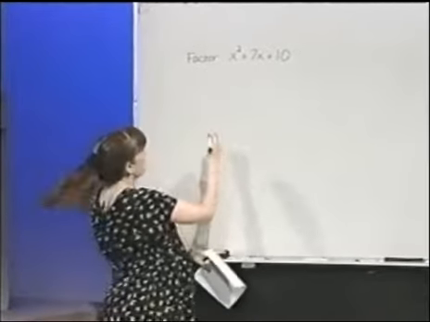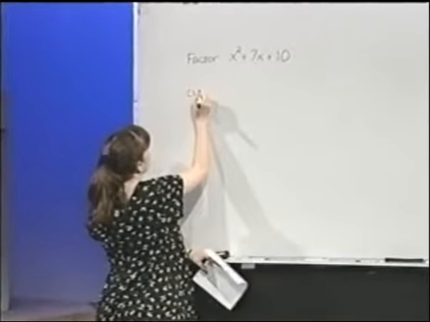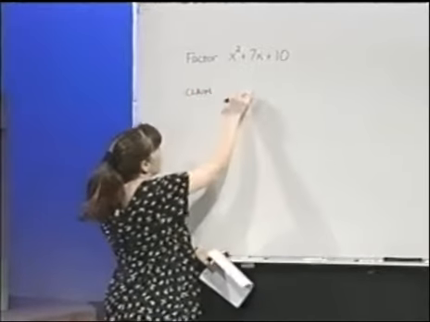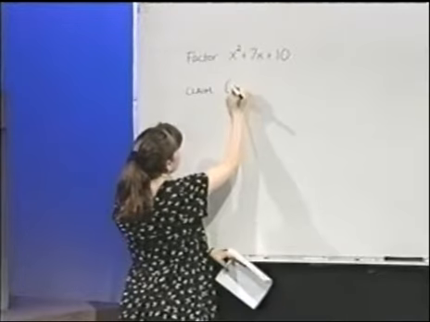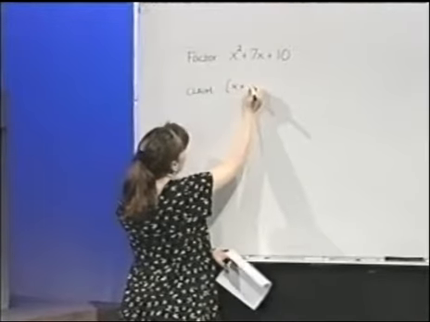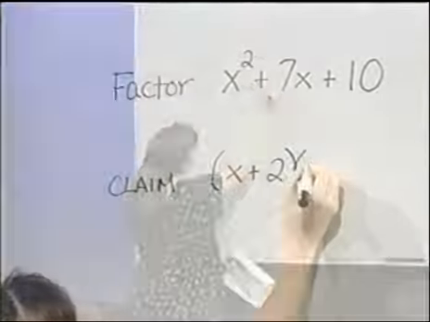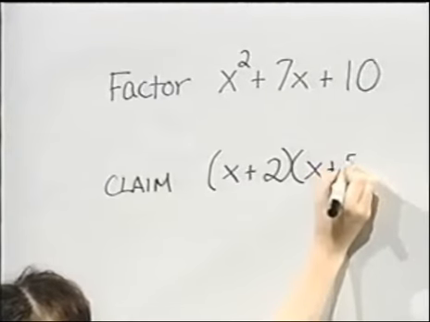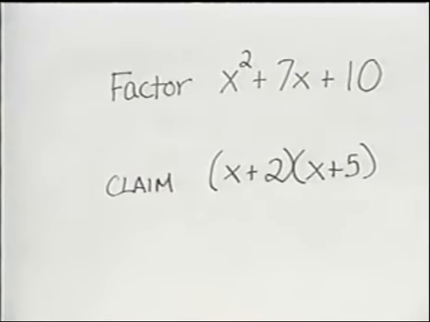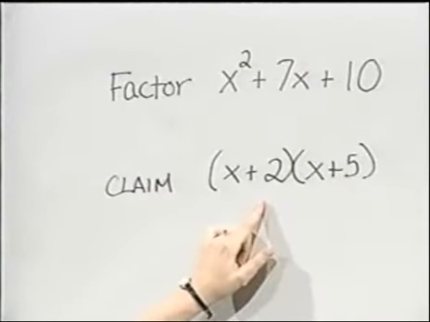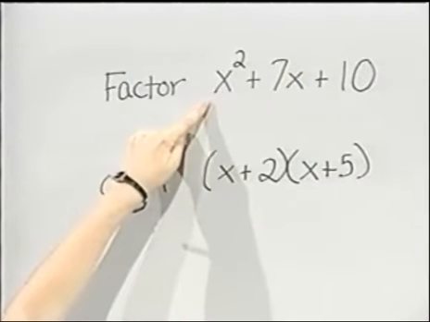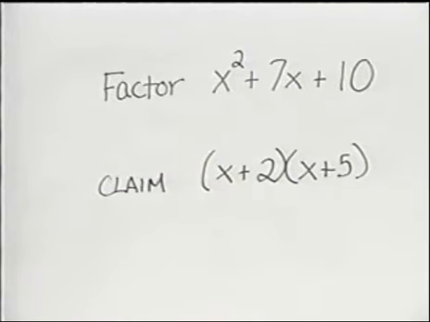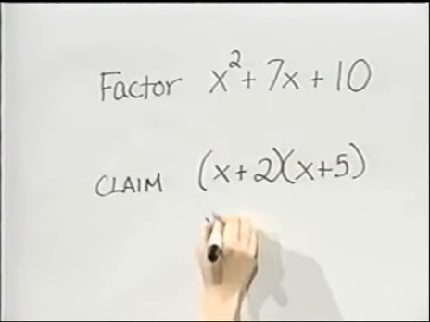I claim that this polynomial is equivalent to the product of these two polynomials, x plus 2 and x plus 5. Is that true? Well, you would want to FOIL this to make sure. So let's check. X times x is x squared.